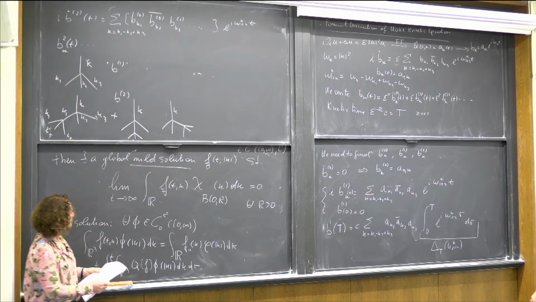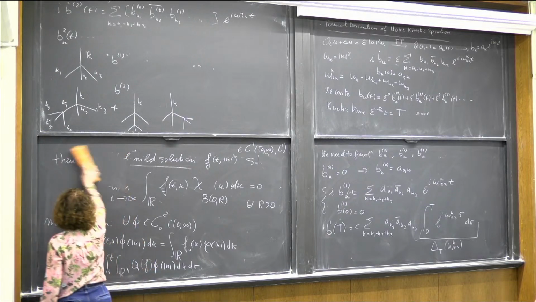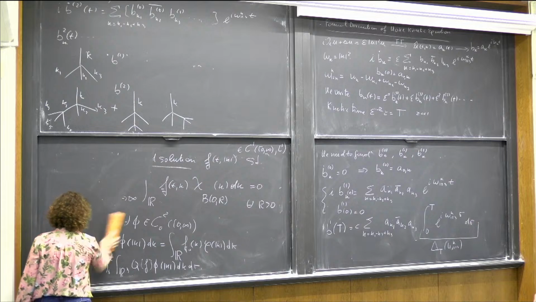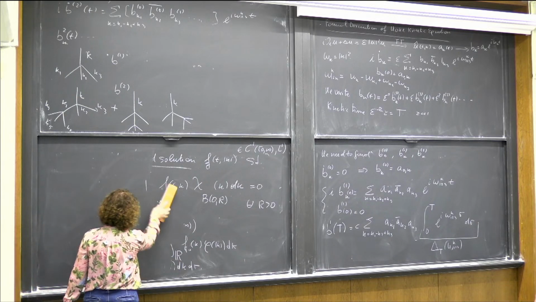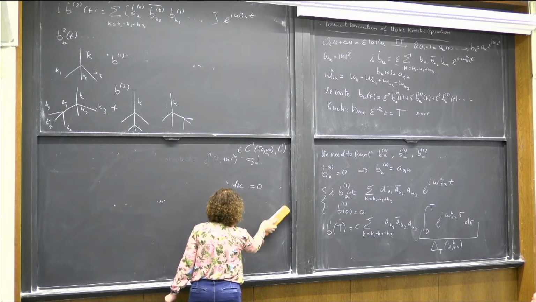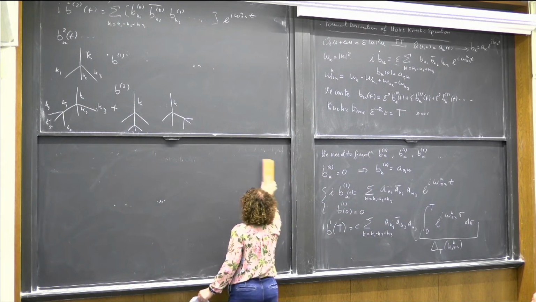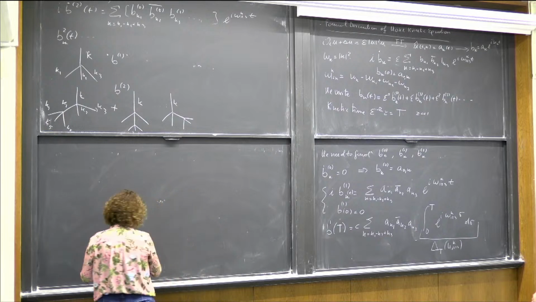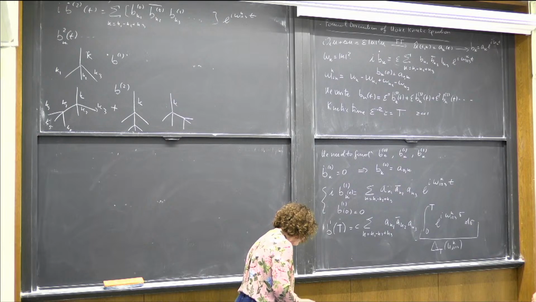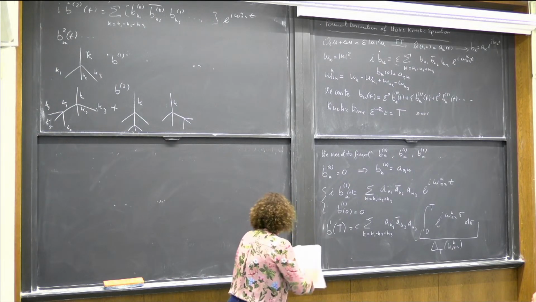But let me just tell you a little bit where these delta functions come from and so on. Okay, so once you did all of this work, you wrote everything down, now you have to compute things.